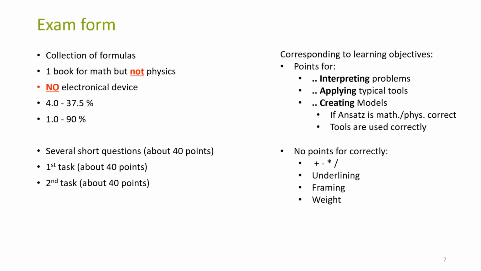So, not only applying a tool or creating a model gives you some points if it doesn't make any sense. You do not get points if you just use simple math. Of course, if you're underlining or framing, or if you say that I wrote 2 pages, I want 2 points for that, that doesn't make any sense. So if it is not correct or if it doesn't make sense what you wrote, you won't get any point for that.